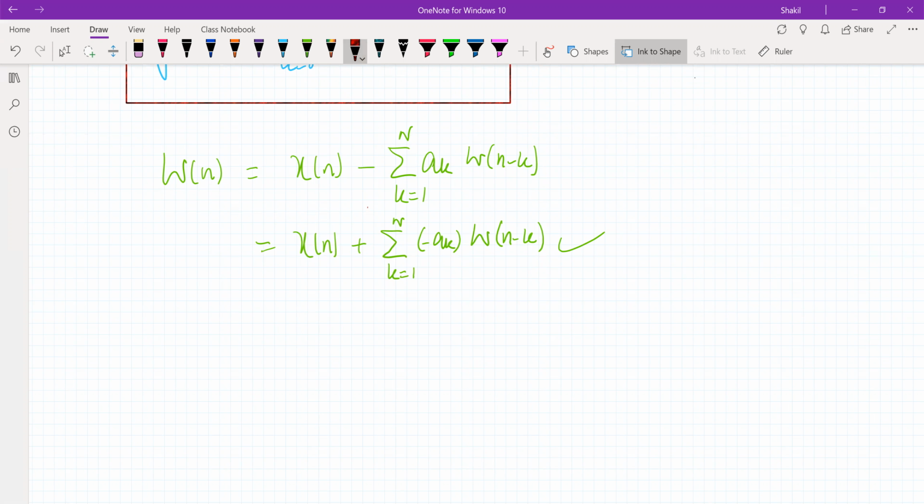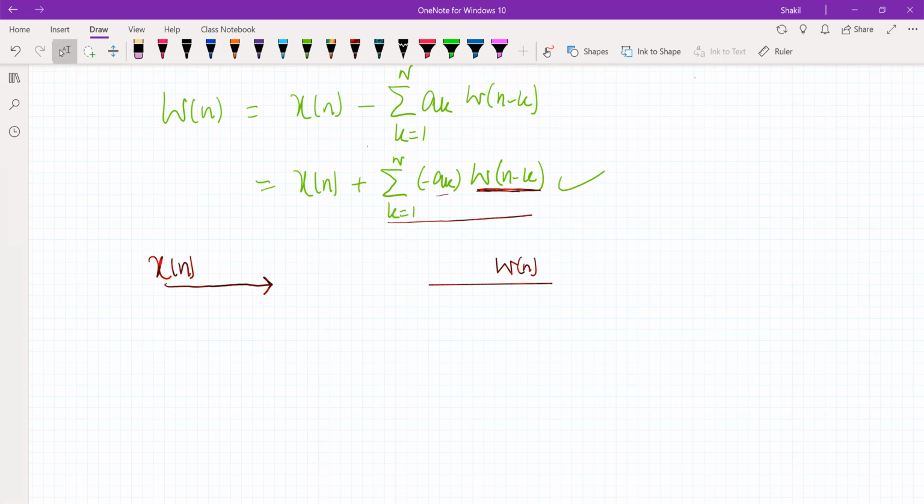So what I have is x of n, and then I'm adding these terms. First let me get these: Wn minus 1, Wn minus 2, Wn minus 3, and each term is multiplied by a1, a2, and a3. Suppose I have here Wn. How do I obtain Wn minus 1 from this? If you remember, we simply use a delay.